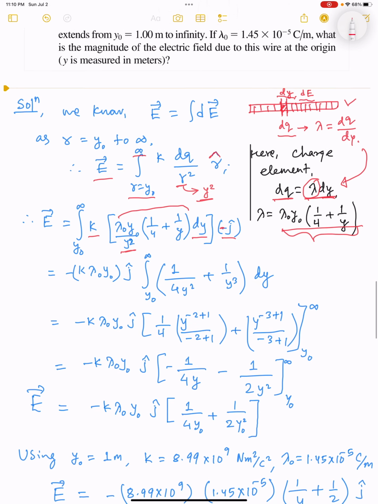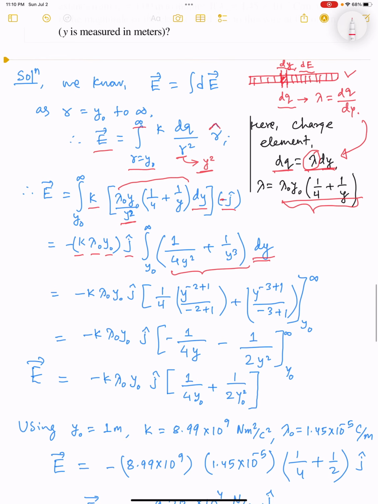So you can pull the constants out, like k, lambda naught, y naught, and j. The terms that don't depend on y can be pulled out. The term inside the integration can then be integrated.